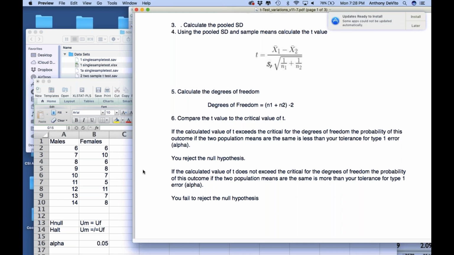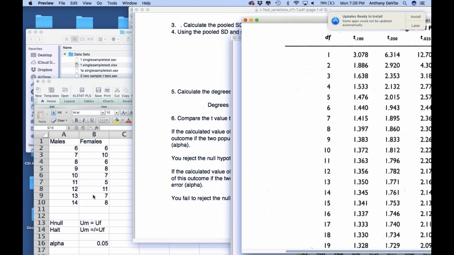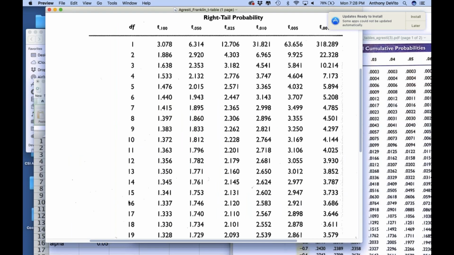Okay, so let's go to our t table and look up 16 degrees of freedom. The critical value of t is 2.12. Everybody agree with that? 2.12?